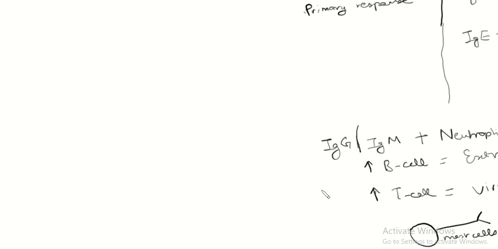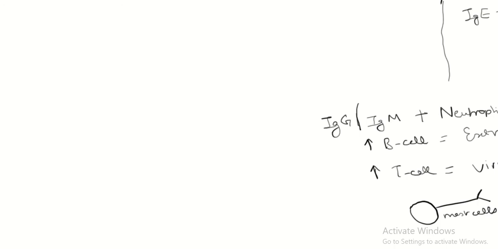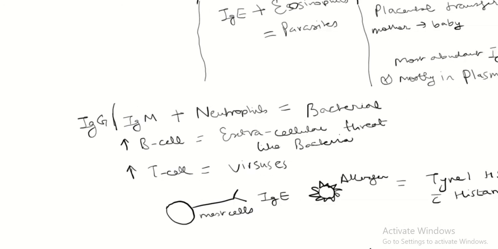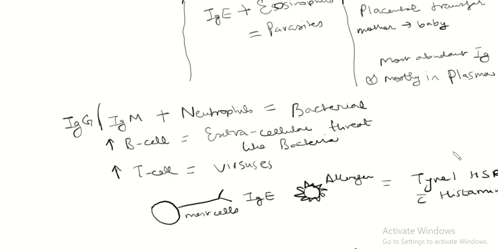Now, let's look at a couple of patterns. I know we talked about increased WBCs, right? So let's look at some patterns and get some ideas. Let's say IgGs and IgMs are elevated and you're seeing neutrophils going up. You can think bacterial infection. These are some general tips.